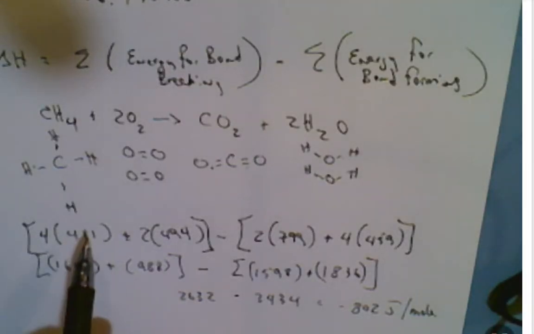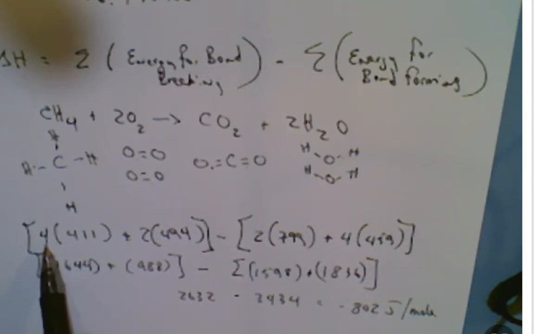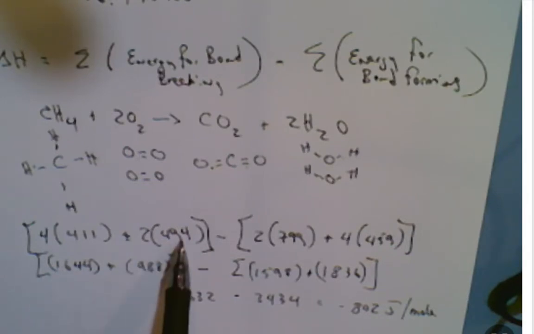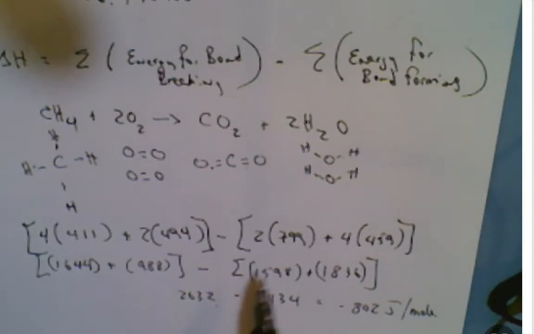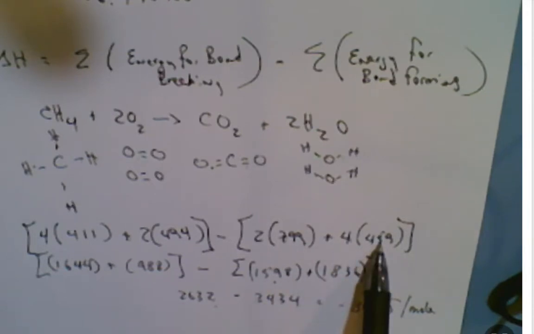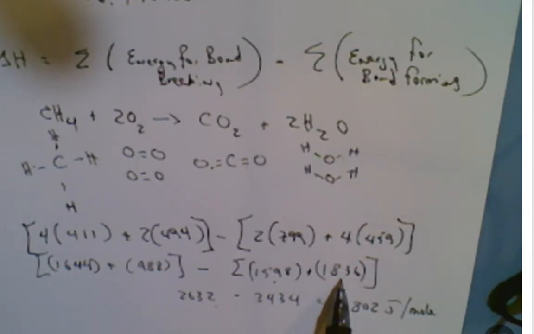Okay, so I'll just add up my numbers. I get 4 times 411, I get 1644. 2 times 494, I get 988. I'm going to add those 2 together, and I come up with 2,632. And then I'm going to go back over here. 2 times 797, I get 1598. 4 times 459, I get 1836.